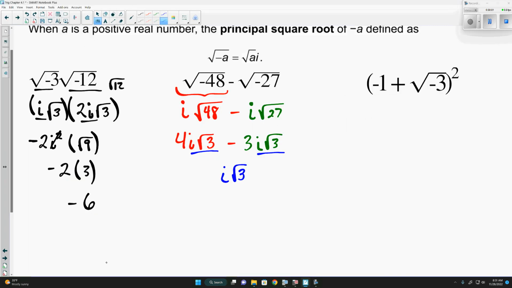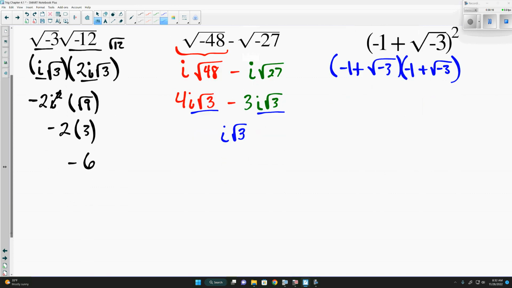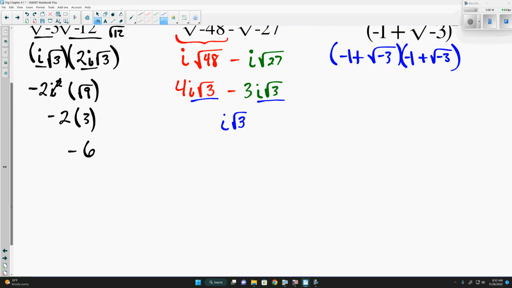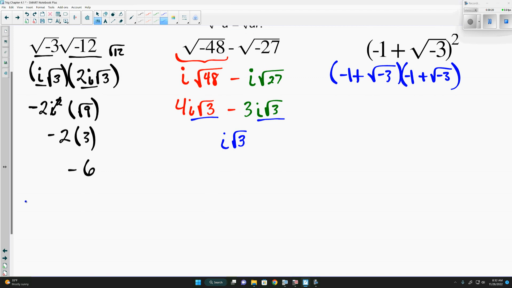Now we can look at this here. So when we square something, we're really saying we're multiplying it by itself. Now normally I wouldn't rewrite it like this here.